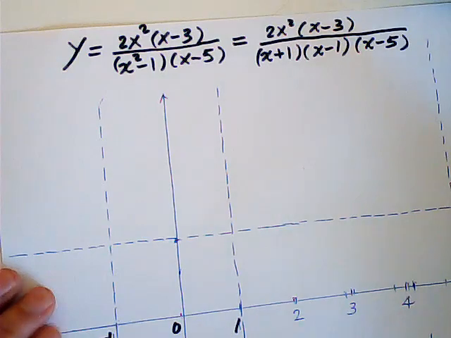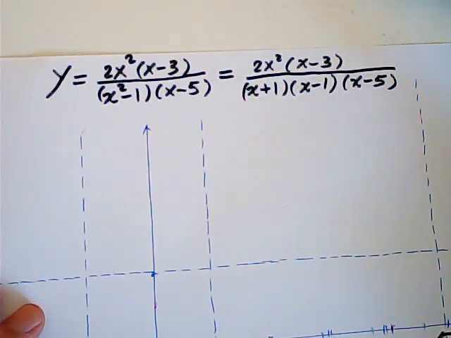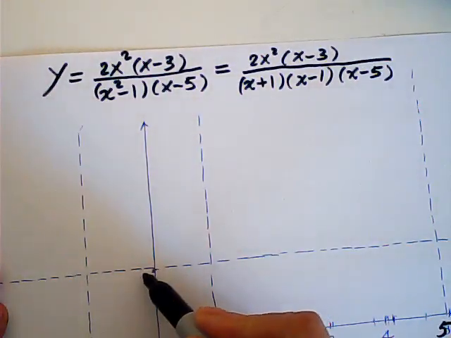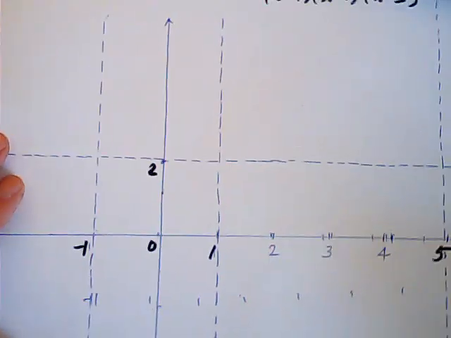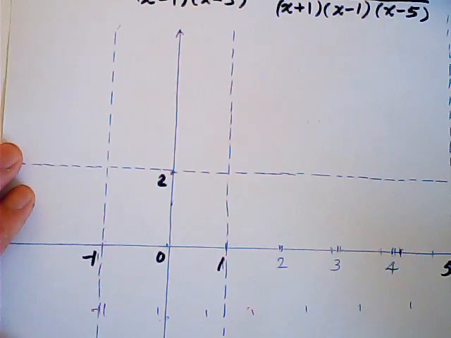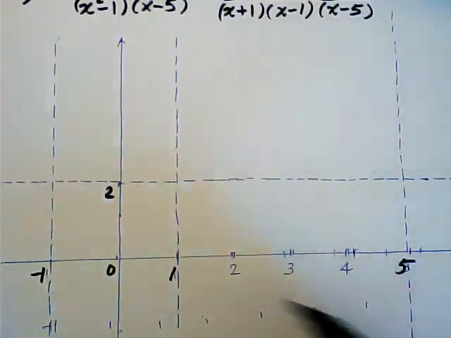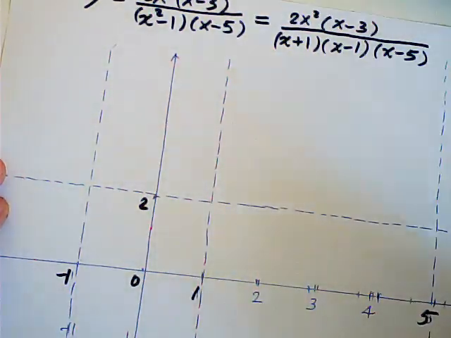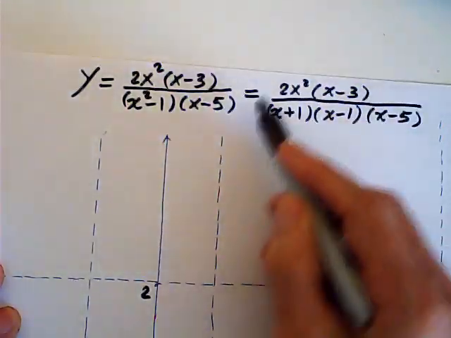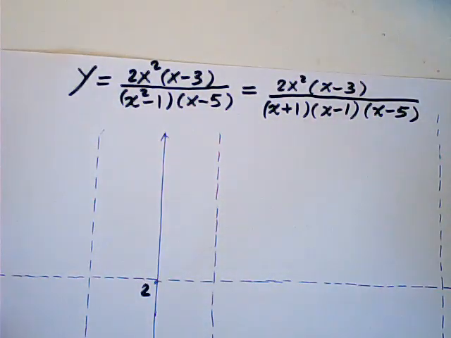That's very easy to find. So 2 is my horizontal asymptote. That is all I need: a horizontal asymptote and 3 vertical asymptotes from this rational function.